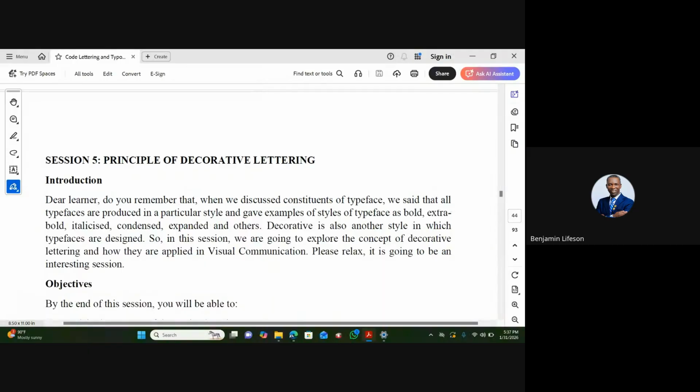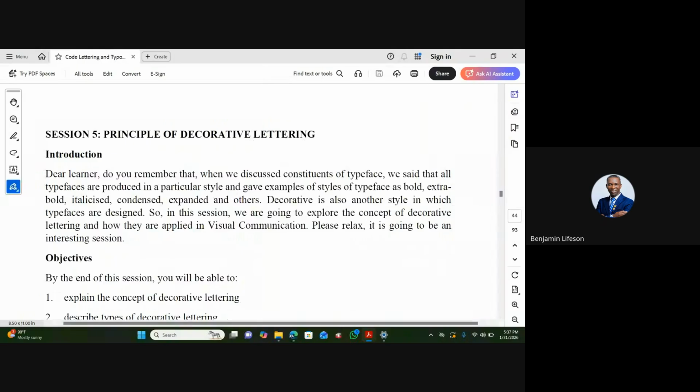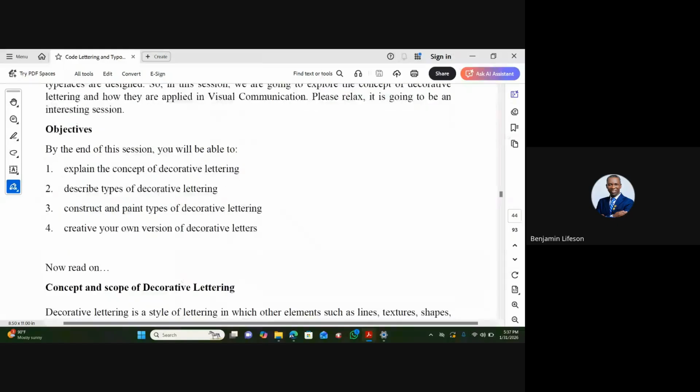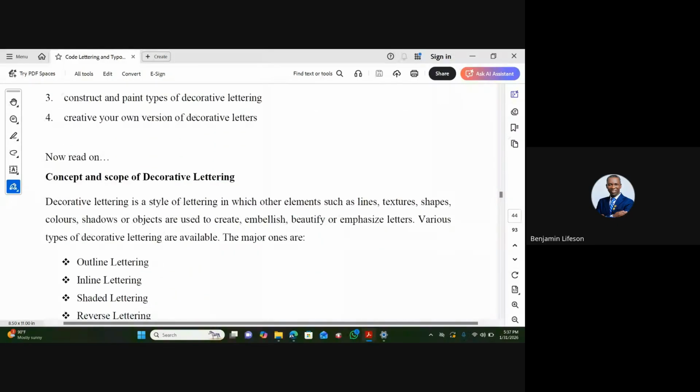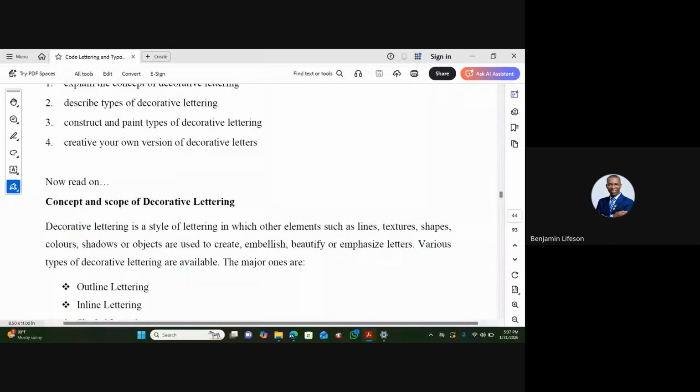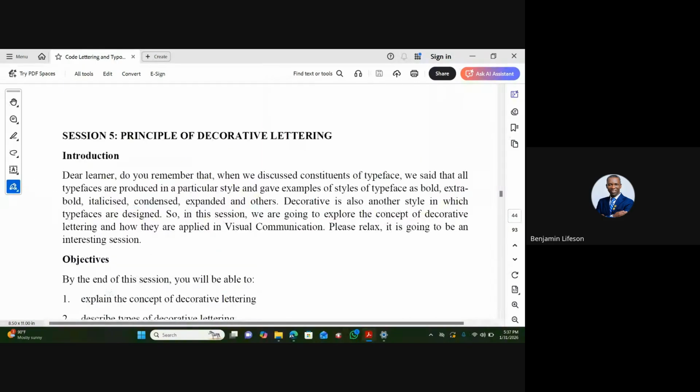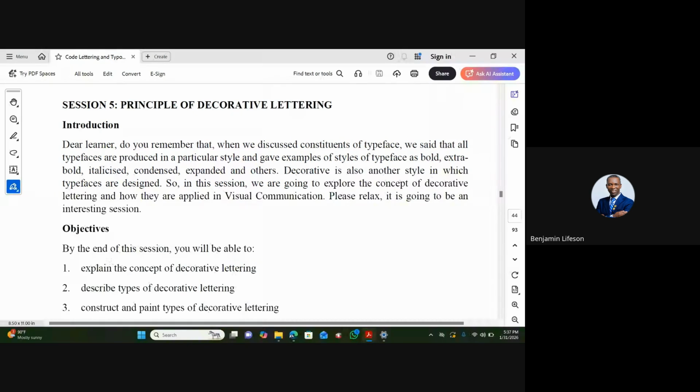Then we come to section 5 of unit 2. Shall we proceed to section 5 of unit 2? Now in section 5 of unit 2, we are looking at principles of decorative lettering. We have realized that we have decorative lettering.